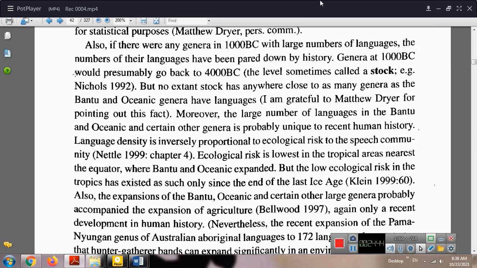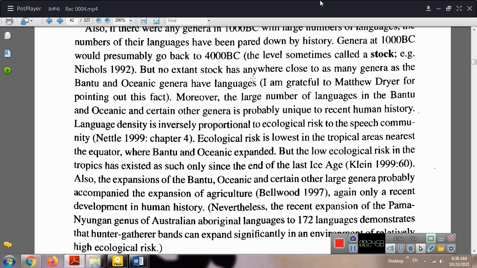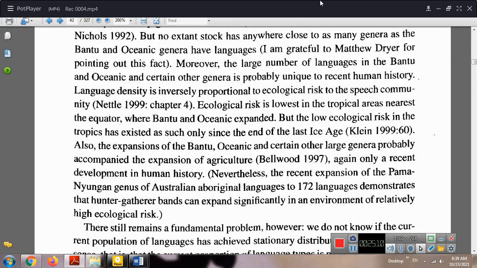Genera at 1000 BC would presumably go back to 4000 before Christ, the level sometimes called a stock, but no extant stock has anywhere close to as many genera as the Bantu and Oceanic genera have languages. Moreover, the large number of languages in the Bantu and Oceanic and certain other genera is probably unique to recent human history.